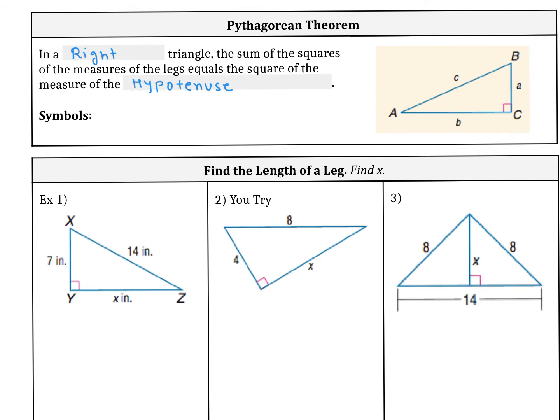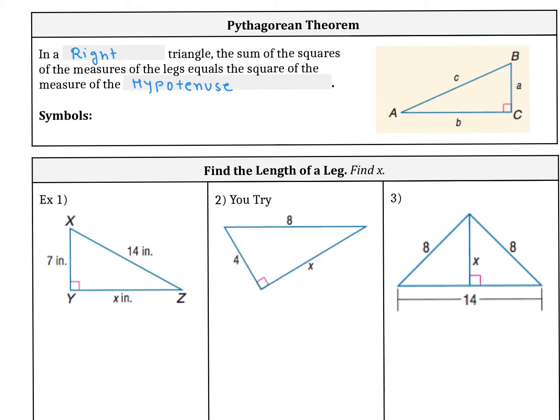For the Pythagorean theorem, in a right triangle, the sum of the squares of the measures of the legs equals the square of the measure of the hypotenuse.